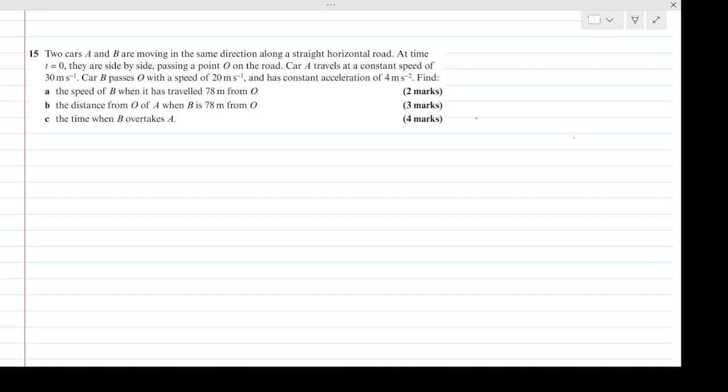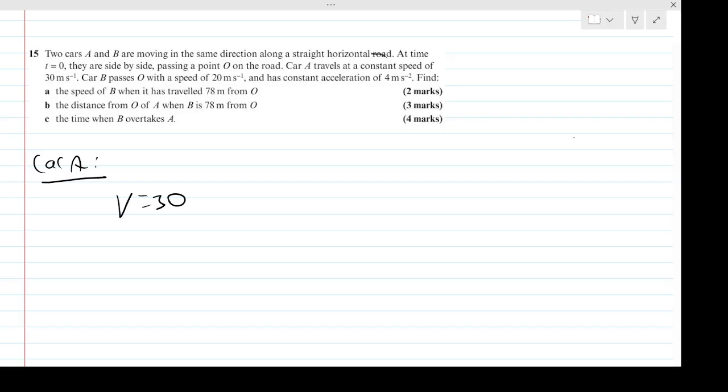So, again, we've got two different cars here, two objects, so I'm going to do them separately. So, firstly, car A, right? Now, what I'm told about car A is it travels with constant speed. So that means the velocity is 30, right? It's this fixed number, right?